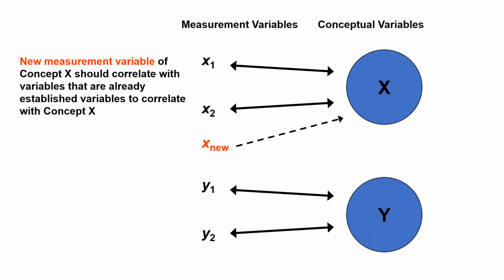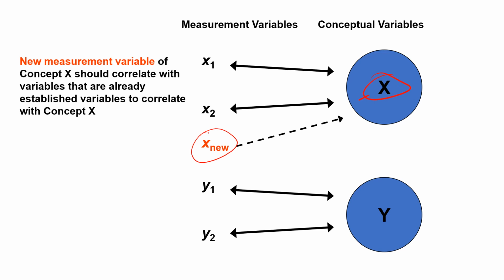So he's got this new variable, and this doesn't just have to be the case of what we're doing. This kind of shows what's going on with convergent and divergent validity. You get this new measure, and this new measure is supposed to be measuring x. You can't know for sure that it's measuring x.